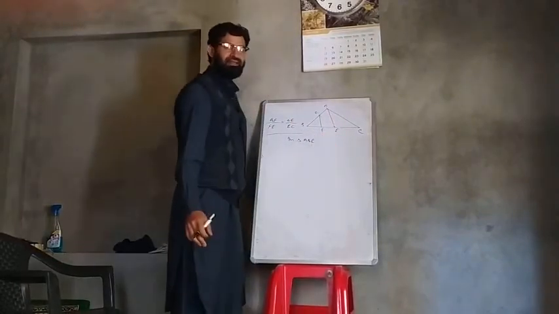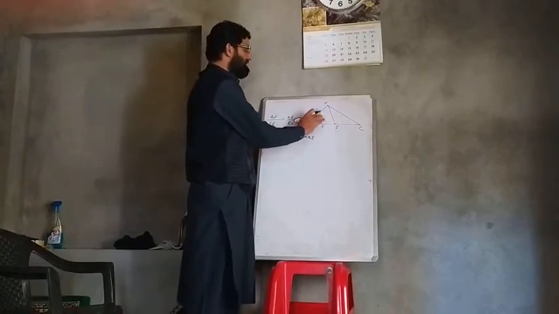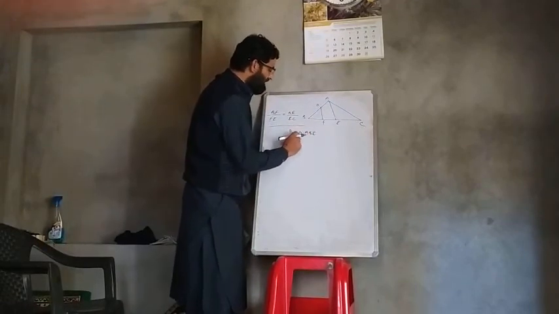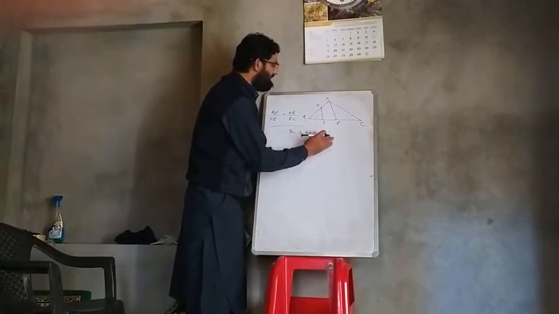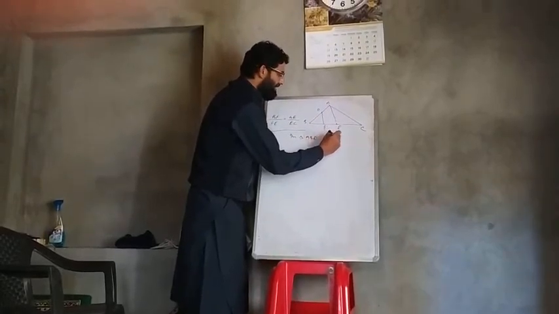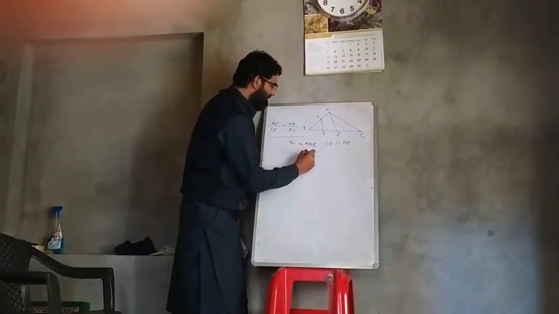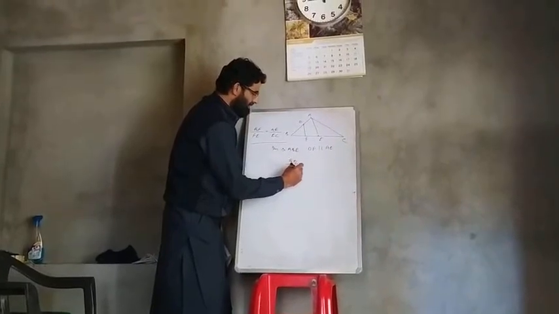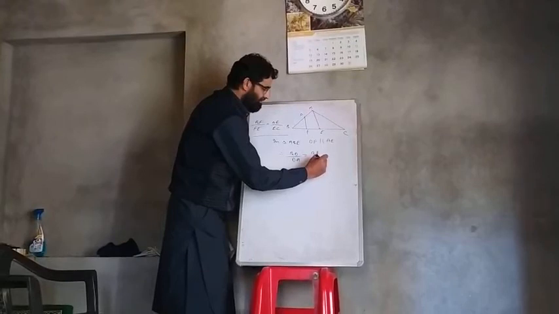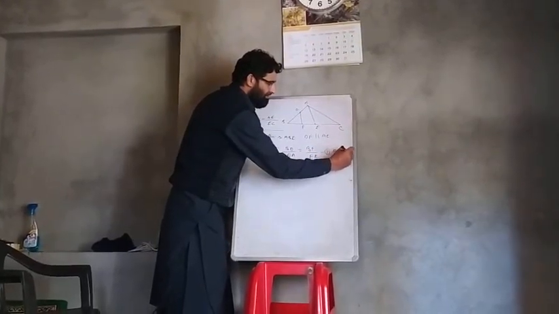Other two sides are divided in the same ratio, because by BPT, if a line is drawn parallel to one of the sides of a triangle, then the other two sides are divided in the same ratio. In triangle ABE, DF is parallel to AE. Therefore, BD divided by DA is equal to BF divided by FE. Name this equation first by BPT.